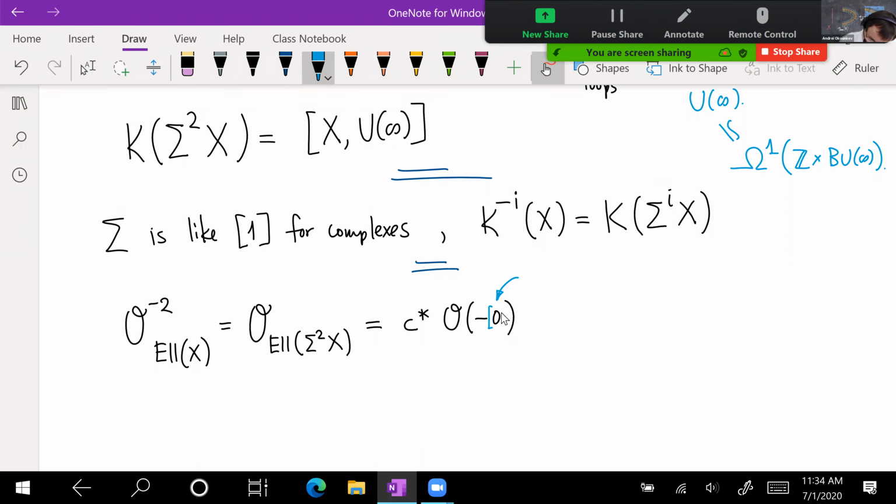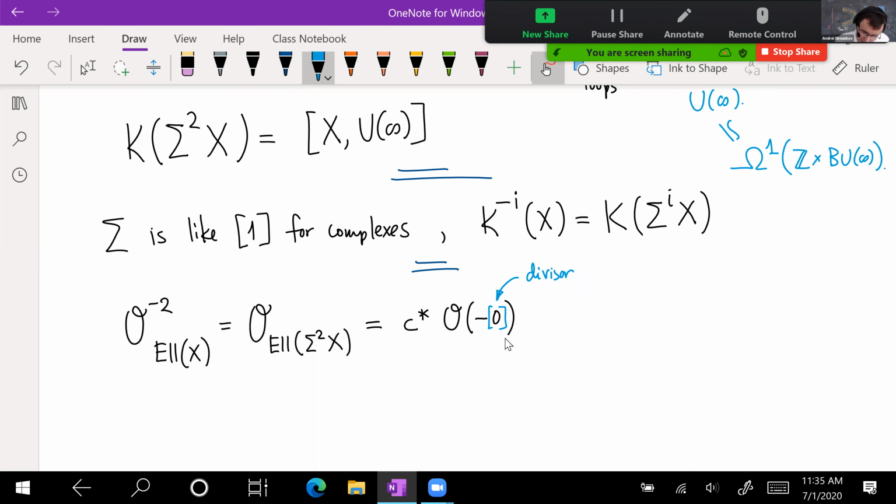Maybe we'll put divisor class like this. I couldn't think of some good notation. So this is the divisor. So there's a 0 divisor, which is 0, but it's also the divisor of a 0, which is a divisor of degree 1. So I find it very confusing to write this notation.